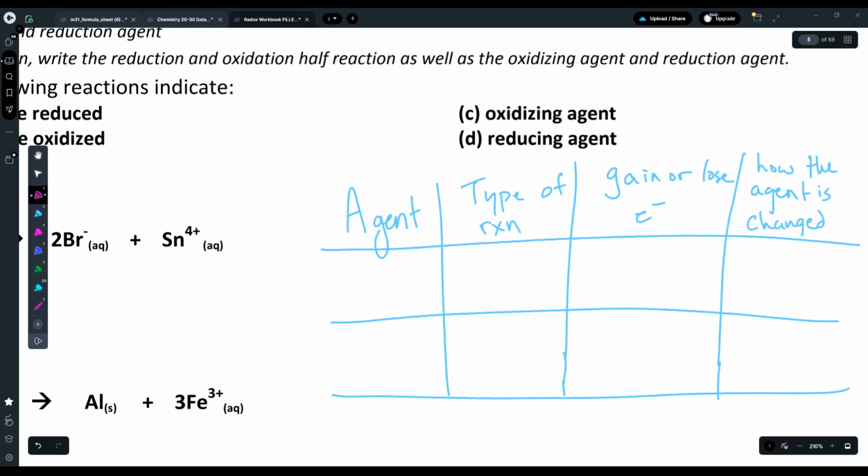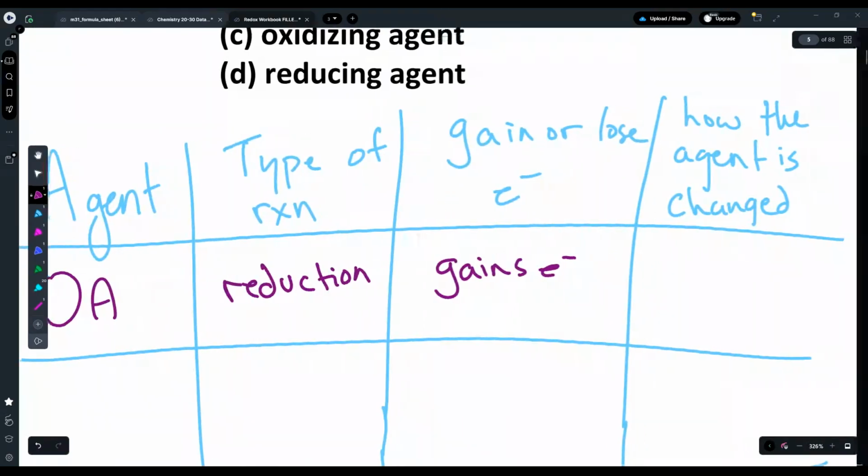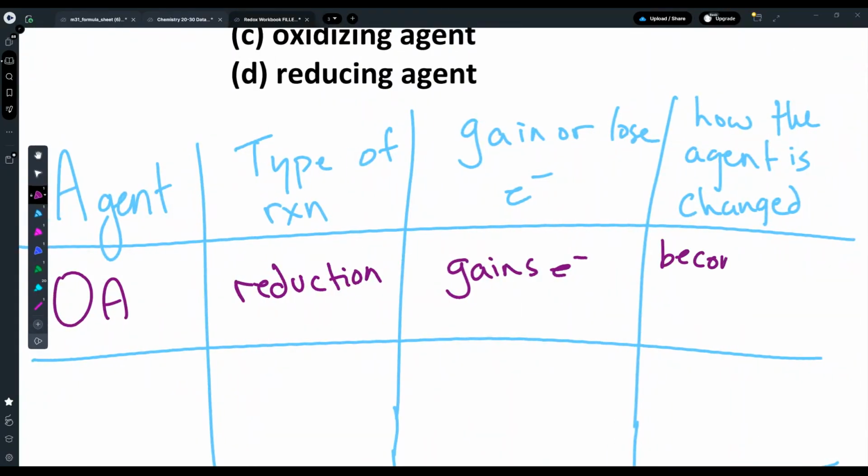Okay, so if we have an oxidizing agent, it's going to undergo reduction, which means the oxidizing agent, if it's being reduced, gains electrons. So that oxidizing agent is going to become more negative, because if you gain electrons, you're gaining more negative charges.